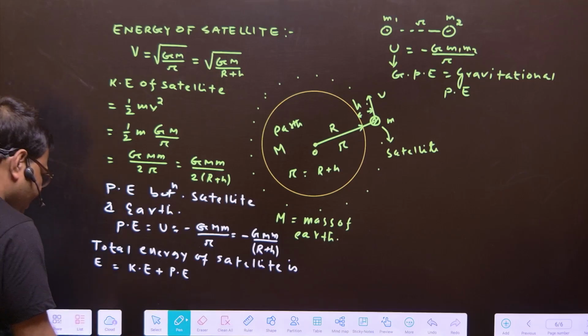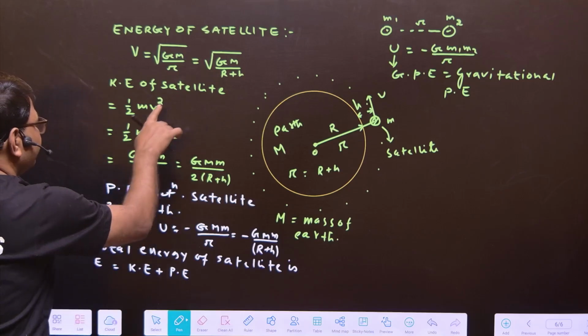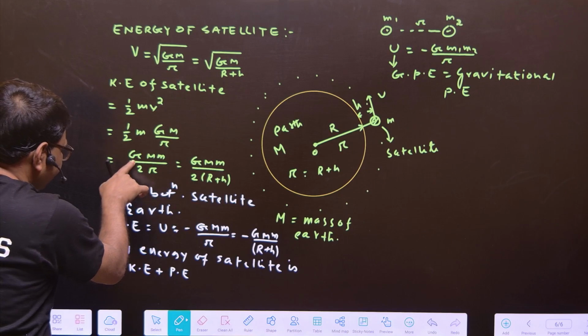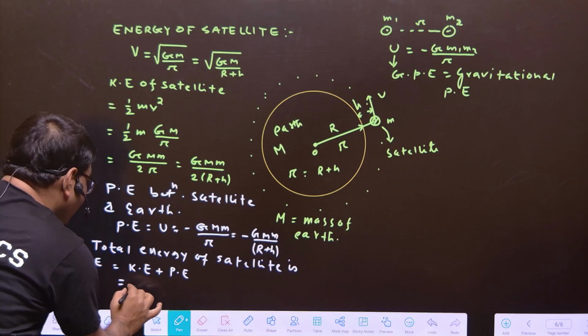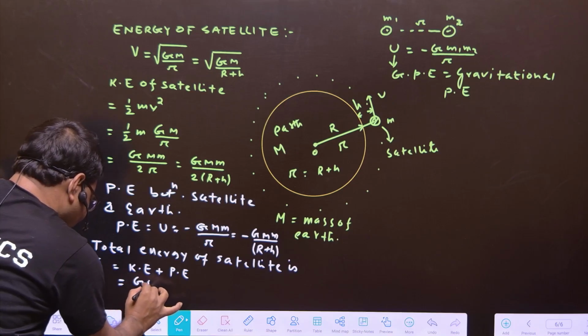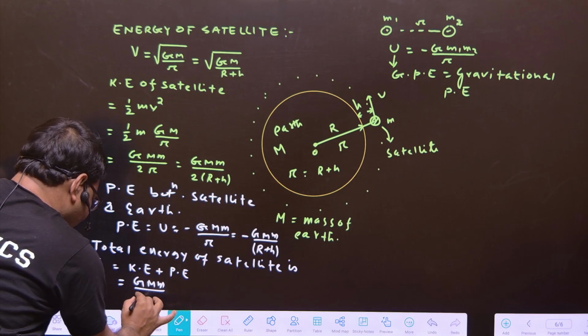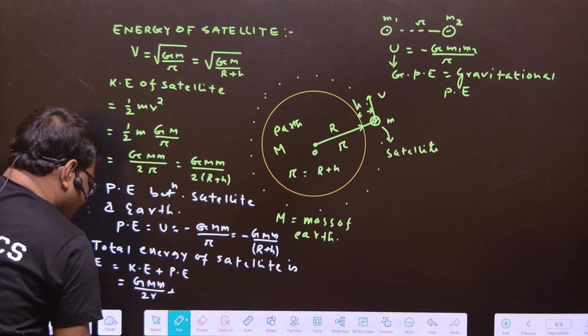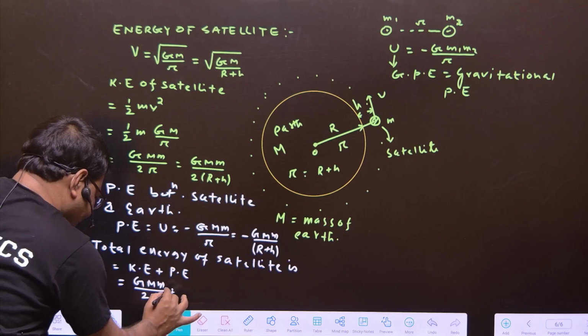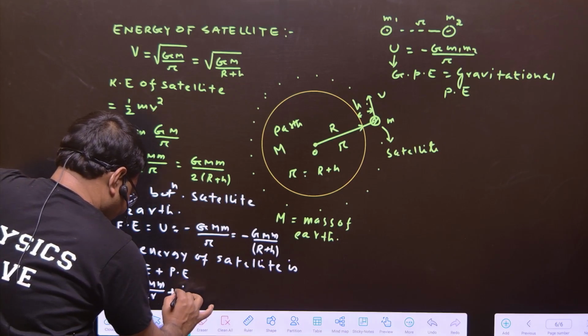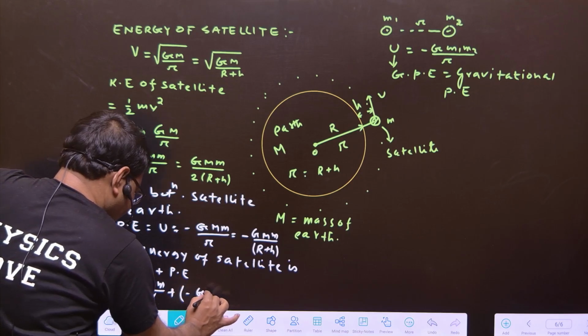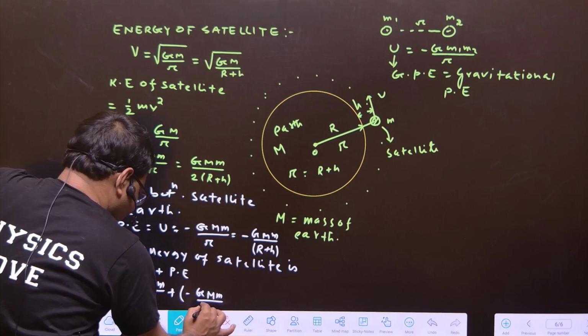Am I clear? Kinetic energy, what is the value? Tell me. G M m divided by 2r, or 2 into r plus h. G M m divided by 2r plus potential energy, minus G M m divided by r.